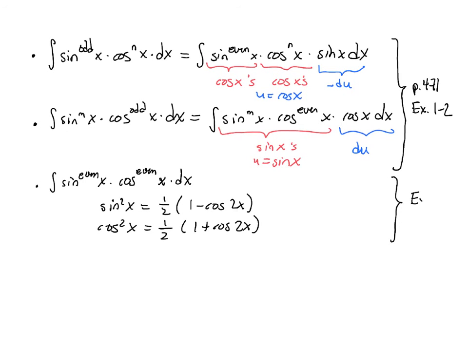Those are examples 3 and 4 in the section. And for more description of the general strategy on page 473, you can see the red box for the general strategy for these types of integrals, that is, with powers of sine and powers of cosine.